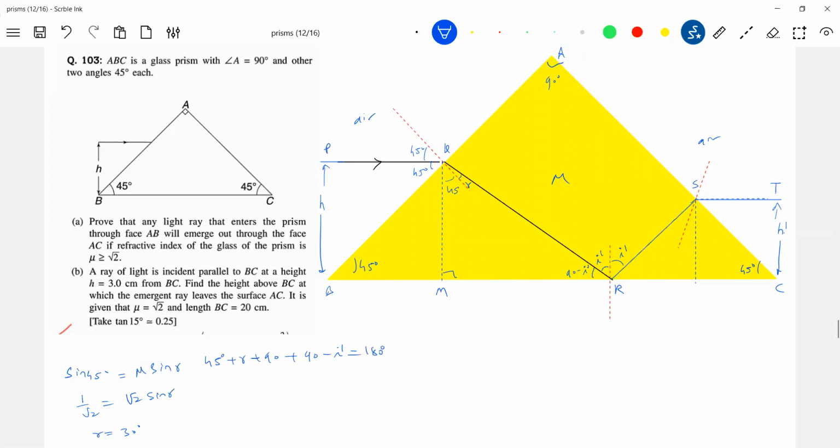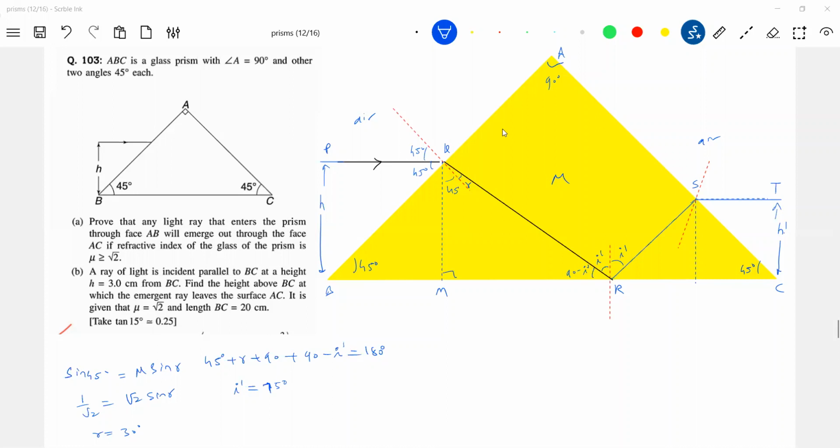So what is the value of I dash? 45 plus R, which is 30, should be 75. Okay, I got the I dash.